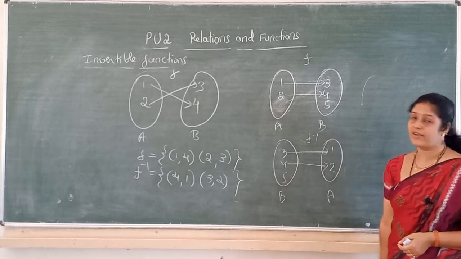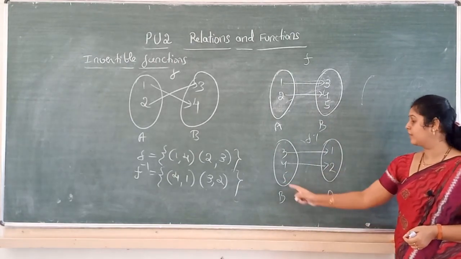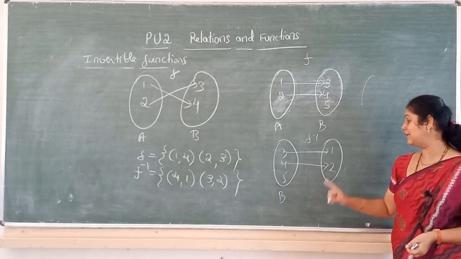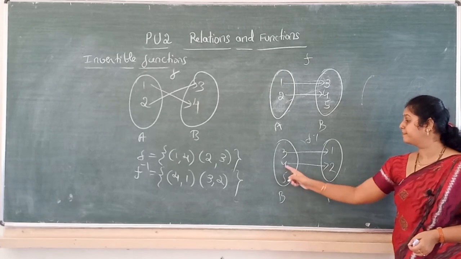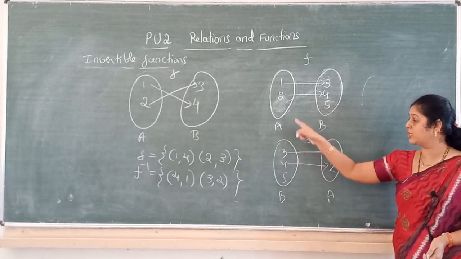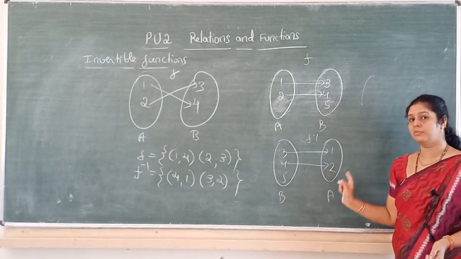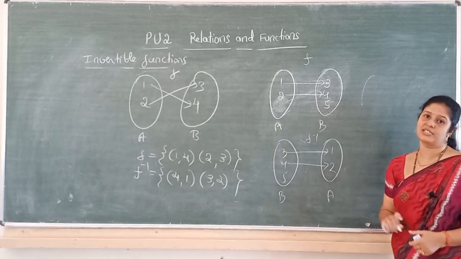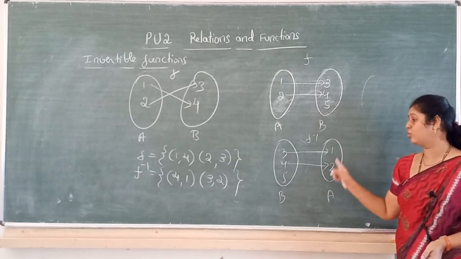But 5 is an element of the domain set of f inverse which has no image in A. That means this is not a function, because f inverse is a function only if every element of the domain set has a unique image in the codomain set.